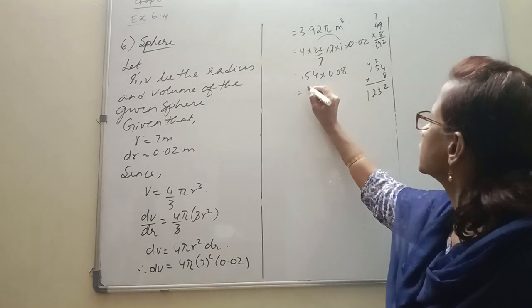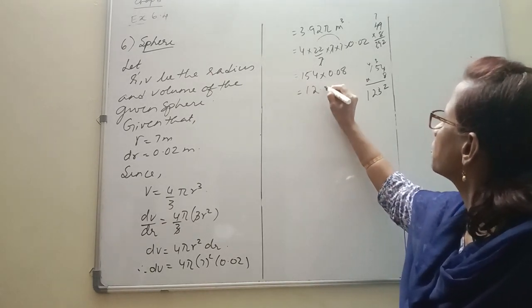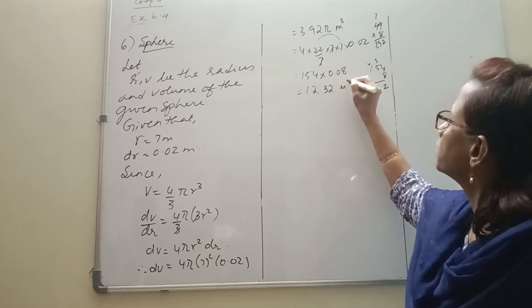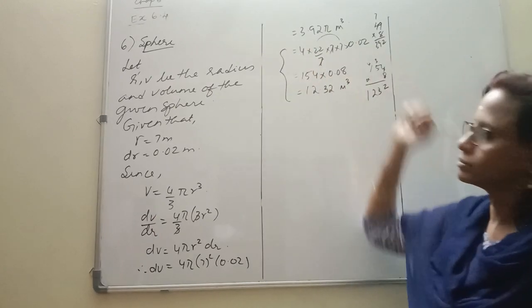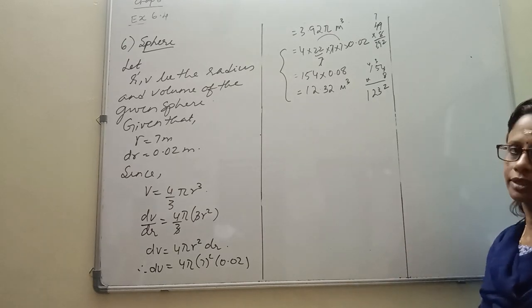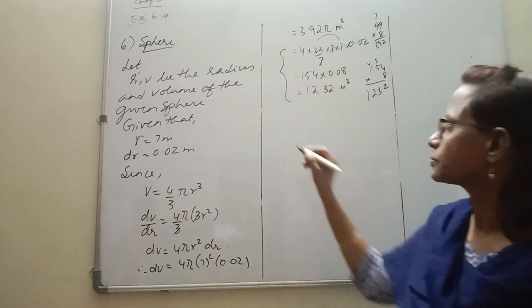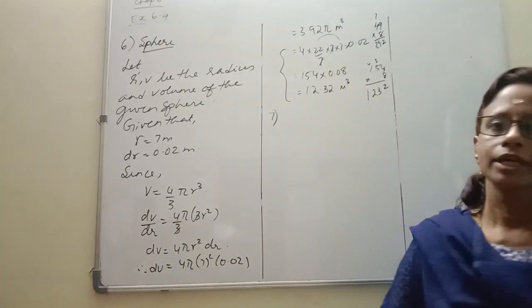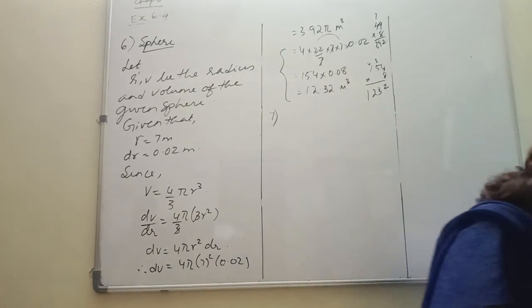How much decimal? 112.32 maybe meter cube. So either you have the answer as 3.92 pi or maybe like this, depending on the question's requirement.